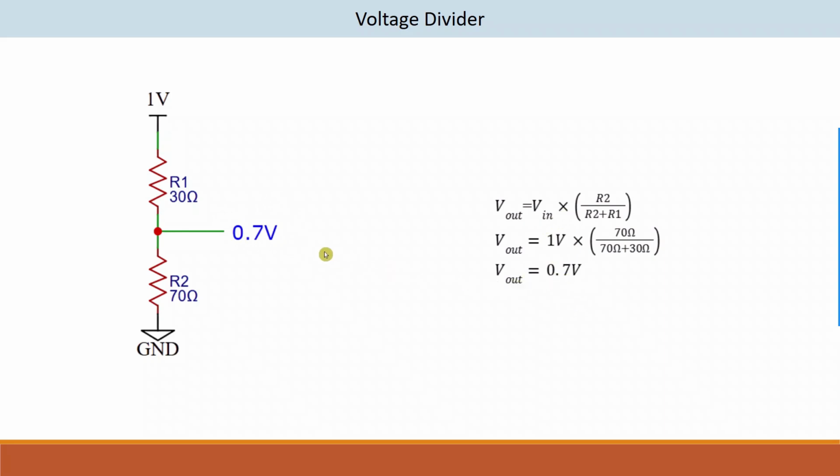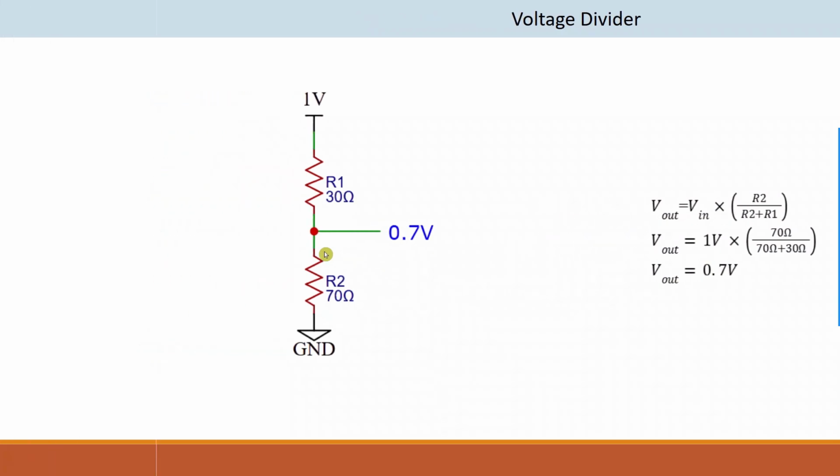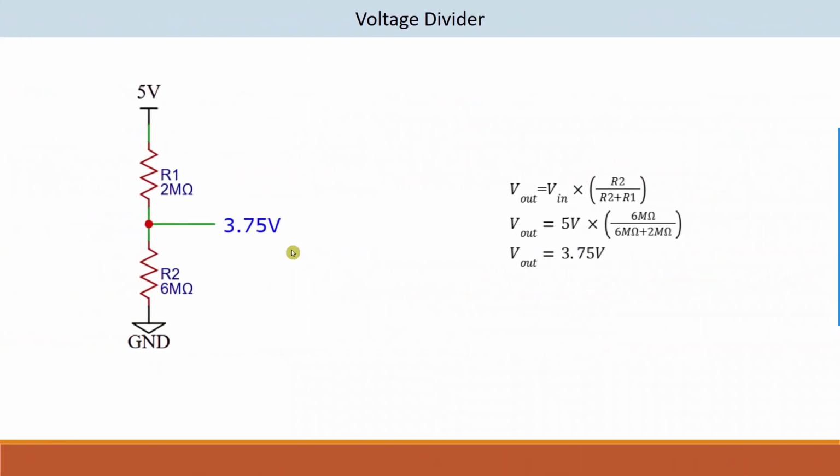Okay, next here I am considering my input voltage is 5 volt and R1 is 2 mega ohm, R2 is 6 mega ohm. So R1 and R2 are not equal, so now we can apply the formula. What is the V in here?